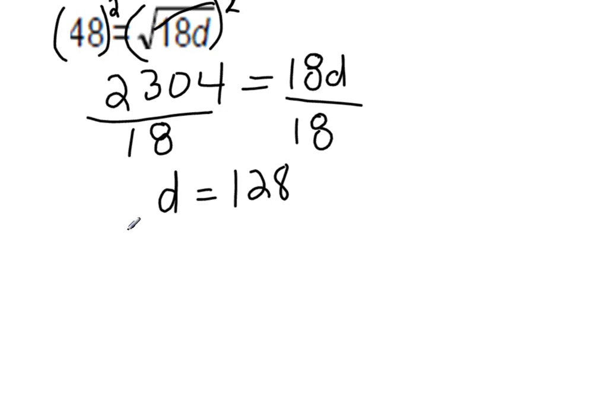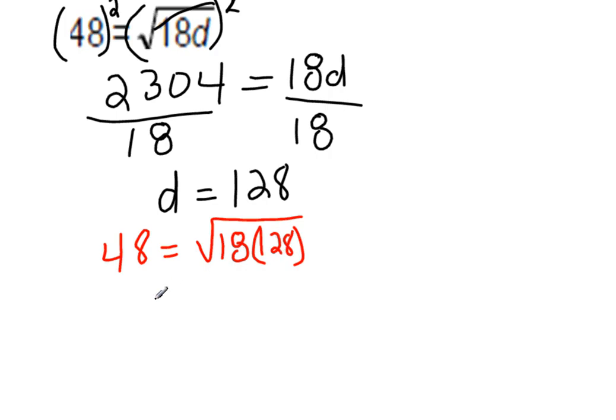Now remember, to check, all we do is we take this value and we replace it into the variable. So I have 48 equals the square root of 18 times 128. 48 equals the square root of 2,304.